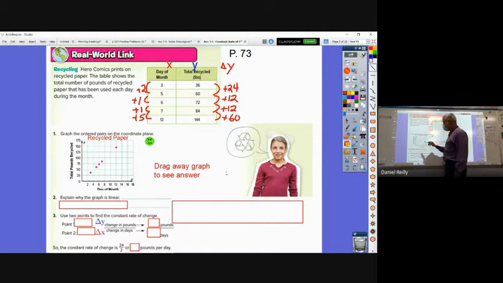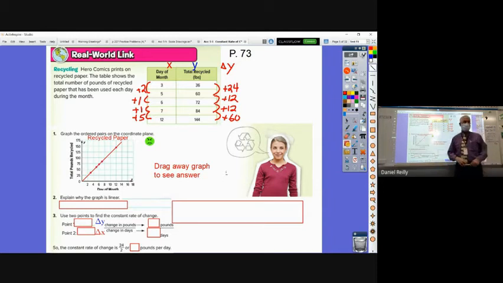And it probably starts at the origin, which means that what kind of relationship is this? It is a proportional relationship, a straight line that goes through the origin. Okay? So we're graphing this and this, not the changes, just the actual values. That's what's graphed on here, the number of months and the number of pounds recycled.